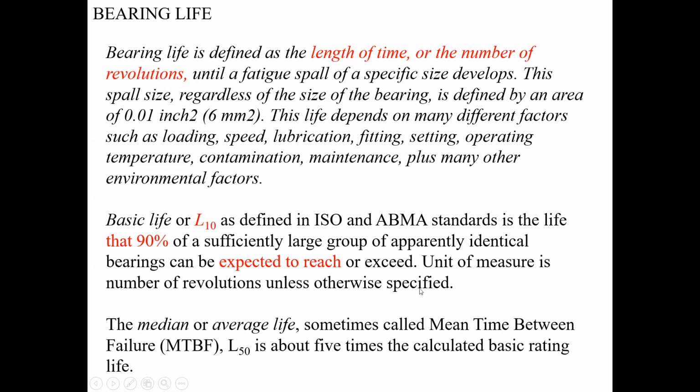Now, if 50% has failed, we go to the median or average life, L50. This is an example of a bearing housing where there is a crack or something that is going to spoil the indication. This is the surface of the bearing.